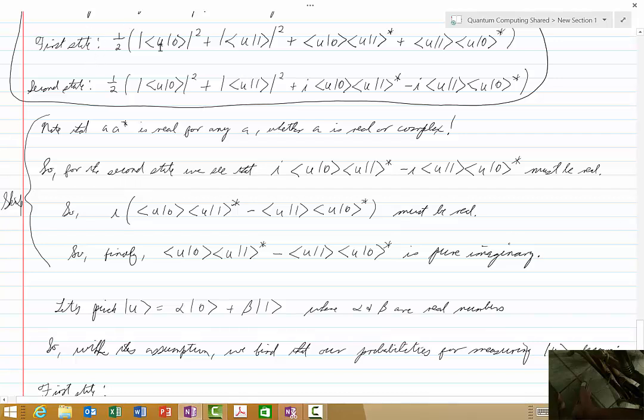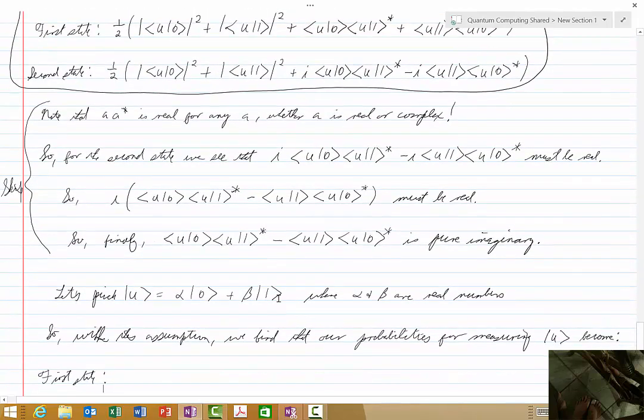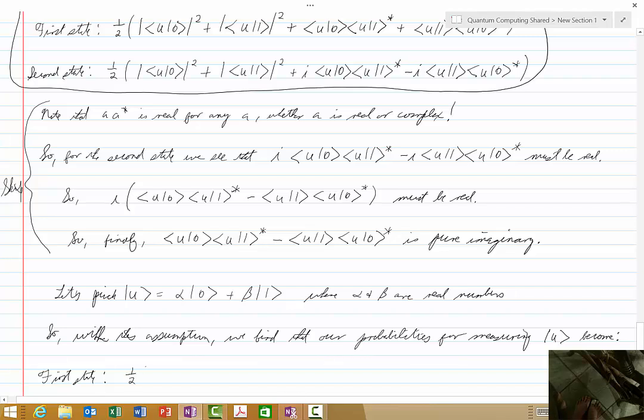here's the first state, and now we're going to have the U ket to be alpha times the 0 ket plus beta times the 1 ket. So that expression will become 1/2 times alpha, and well, we'll go ahead and be careful for right now.